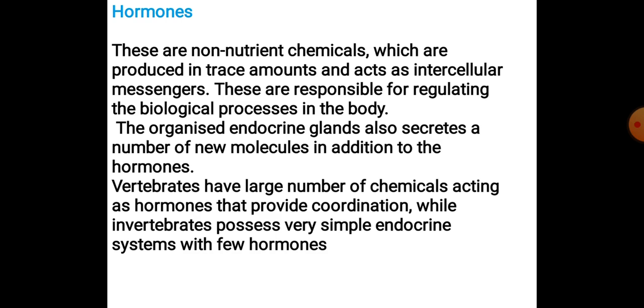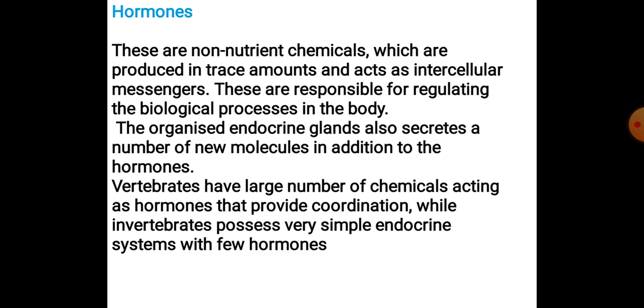These are responsible for regulating biological processes in the body. Non-nutrient means they do not provide any nutrition to the body. They are required in very small amounts, and they regulate the biological processes in our body.